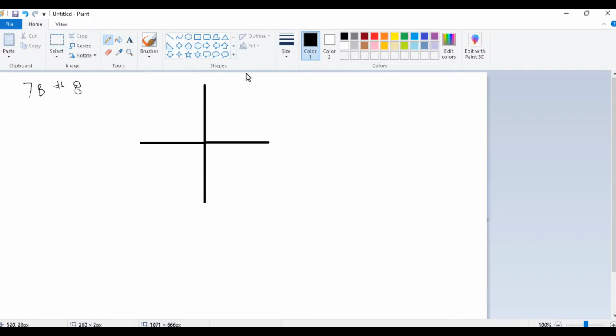Okay, so we have that the line crosses the origin, and it also crosses at -3, 1, and at +3, -1.